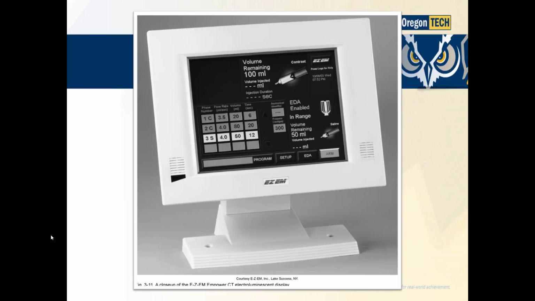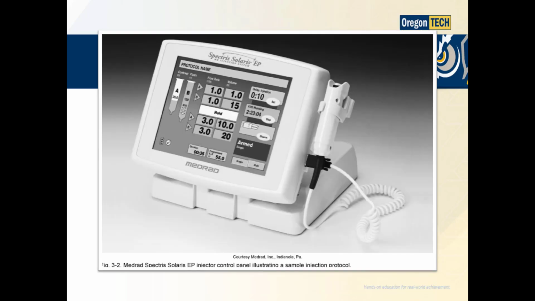Here's what you're more likely to see out in the field today. This is a touchscreen unit, and looks much more modern. But the essential workings of the pressure injector are the same. And here's another one. What we have here is the contrast, and this is a dual head injector, and then you have saline.